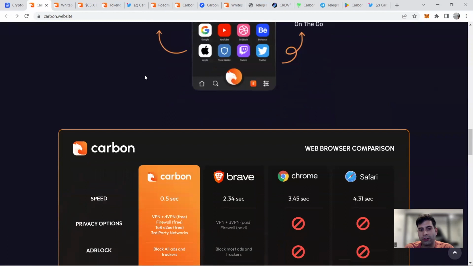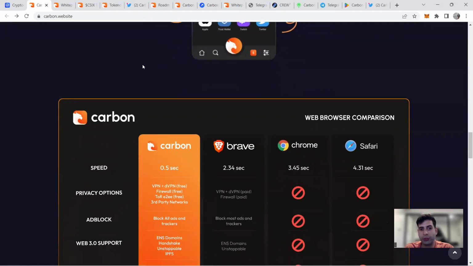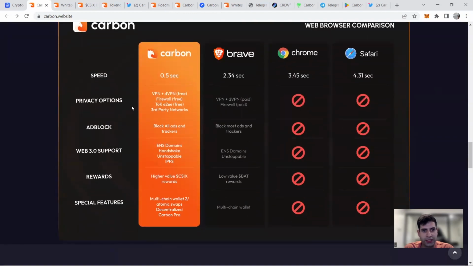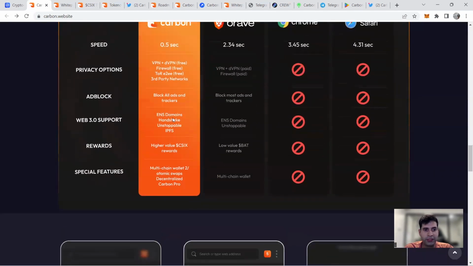Now, initially, a lot of you might ask, what's different between this project and Brave, for example? Well, the difference is they're faster. They have not only the decentralized VPN feature, but also Tor end-to-end and third-party network features, which, by the way, non-crypto, non-Web3 browsers like Chrome and Safari don't have. The ad block feature is also better than Brave if you test it.